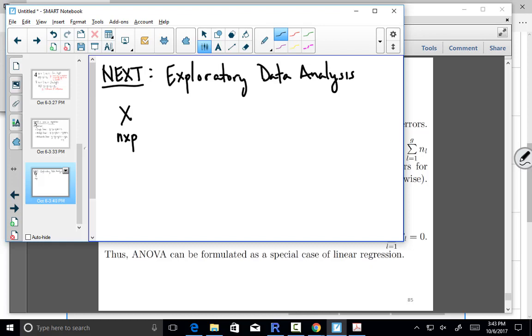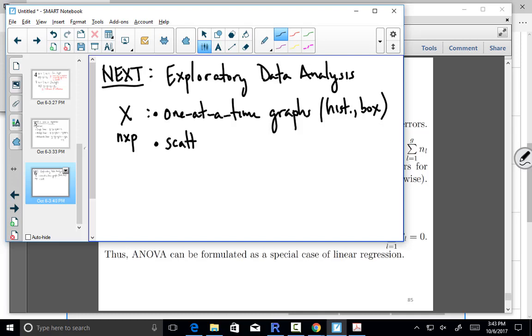So we could think about doing one-at-a-time graphs like histograms, box plots. Going in the direction of looking at interrelationships, we could maybe make scatter plots for all pairs.